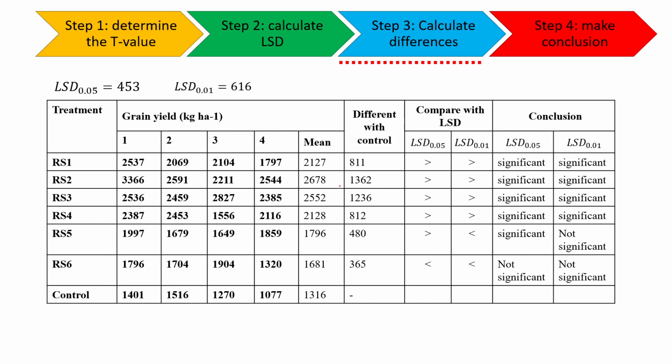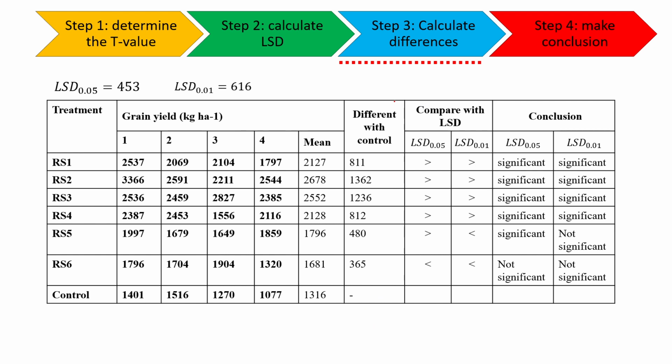For RS2, 2678 minus 1316, and you get 1362. So you calculate for all the groups over here. There's no number for control because 1316 minus control, again 1316, you get 0. So that's meaningless to actually calculate.